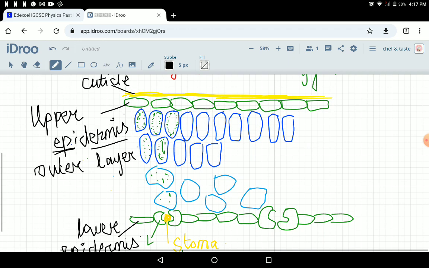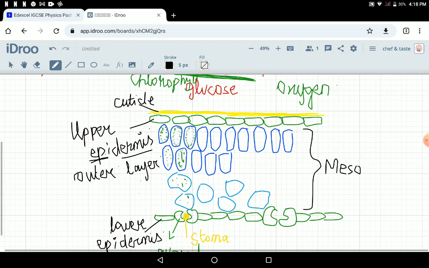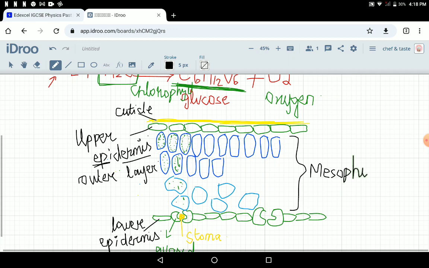Second thing is that in between the upper and lower epidermis, we have these cells making different layers. These are basically called mesophyll cells. Meso means middle, phyll means leaf. It is basically the middle layer of the leaf found between the upper and lower epidermis. Meso means middle.